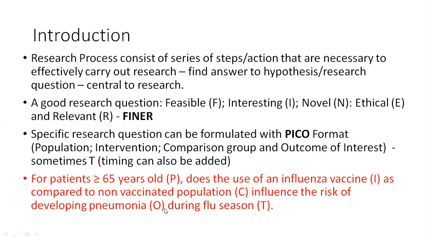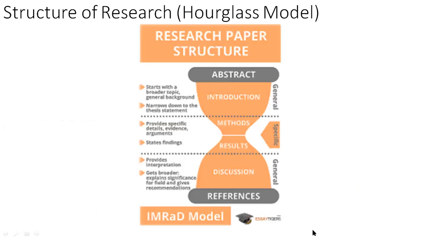That is the outcome. And we could further add the T, that is, during the flu season. So for any research, the most important thing is to have a research question, and these are two abbreviations that could help you formulate a good one.